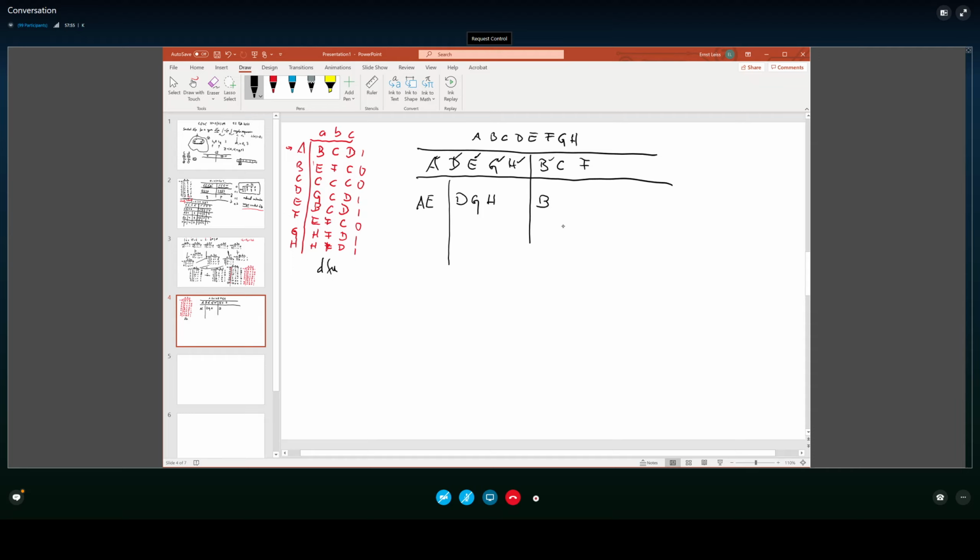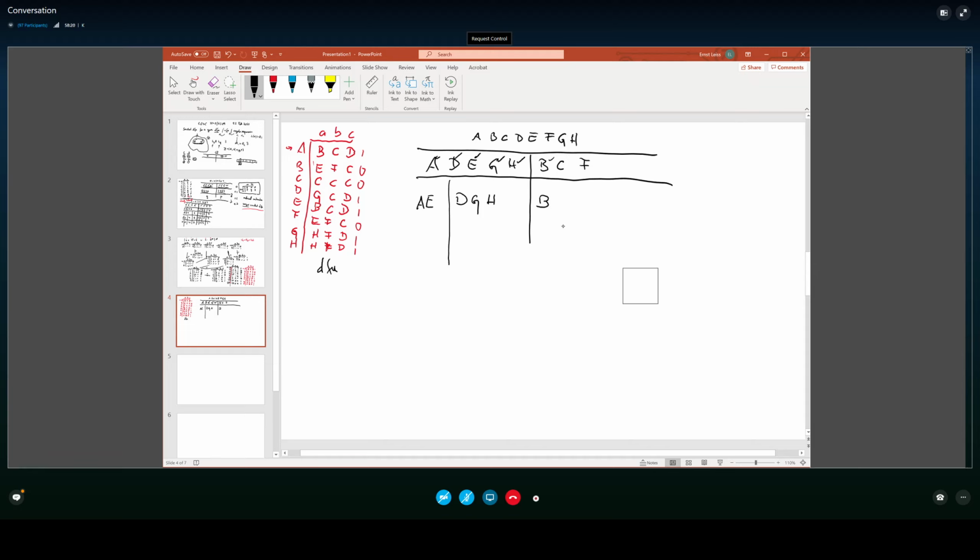In this case, it's trivial because G under little a is H, and H under little a is H, so they're obviously in the same equivalence class because it's the same state. The same thing for F and F, same thing for D and D. Got it.